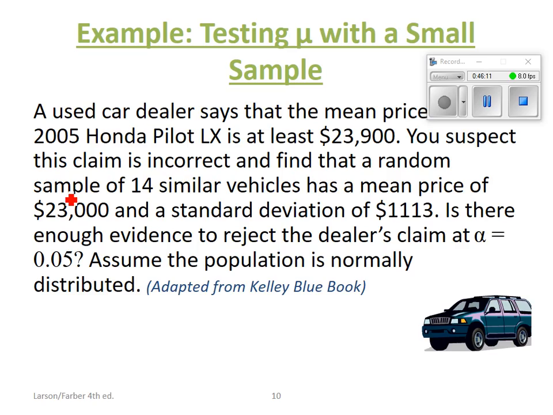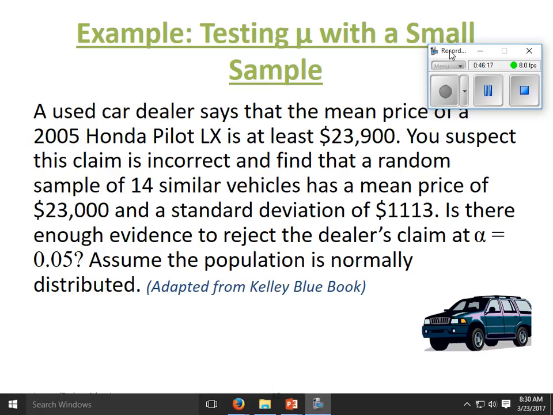All right, let's do this example. The used car dealer says the mean price of a 2005 Honda Pilot LX is at least $23,900. So you walk into some place and I'm trying to sell Carson this Honda Pilot LX, and I'm going, yeah, Carson, you ain't going to find this car for less than $23,900 anywhere.